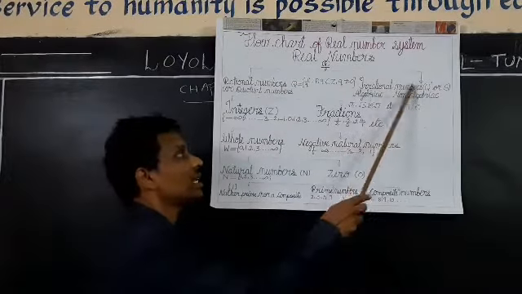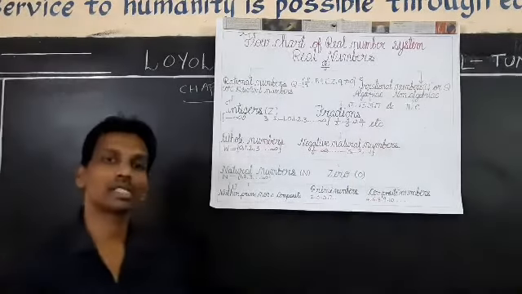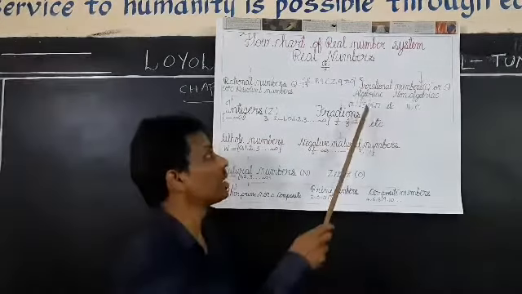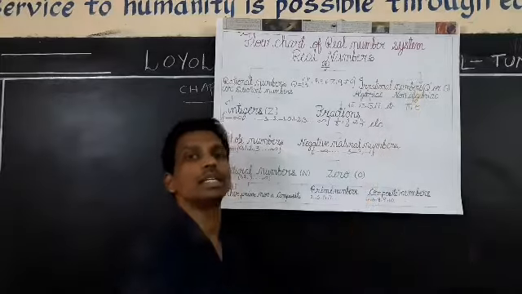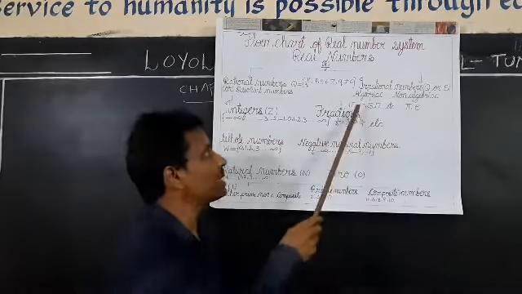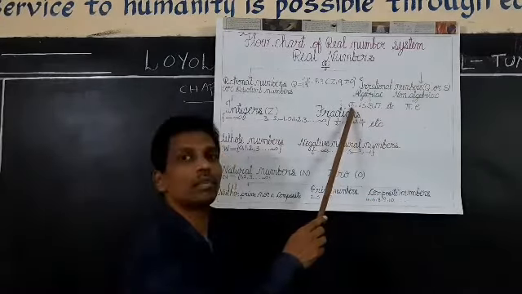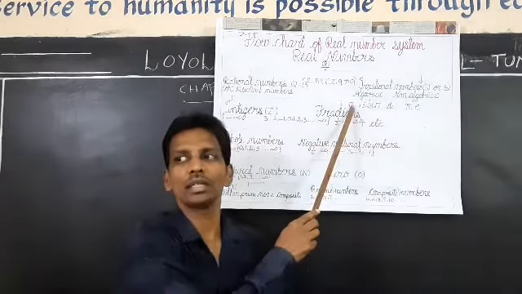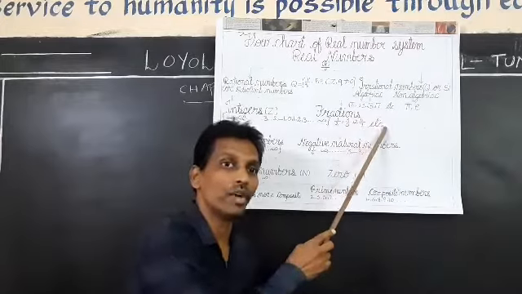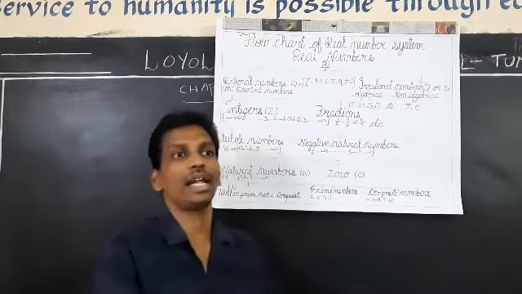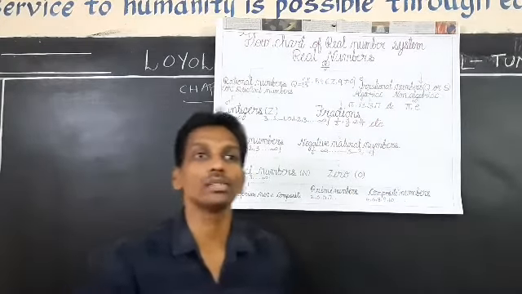These irrational numbers are divided into two parts. What are they? Algebraic irrational numbers, non-algebraic irrational numbers. Examples for algebraic irrational numbers are the familiar numbers we know very well: root 2, root 3, root 5, root 7, and so on. It is nothing but square root values.